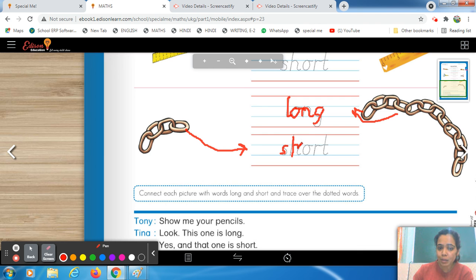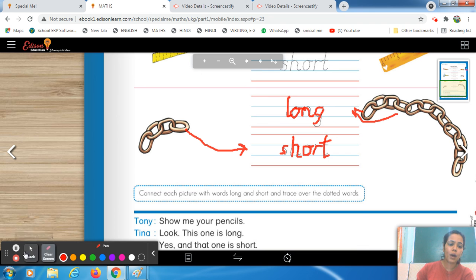So I am having a little bit of an issue with this pencil, but please try to make formation correct. S-H-O-R-T, short. See, your ma'am is also doing it with you, short, S-H-O-R-T, short, right?